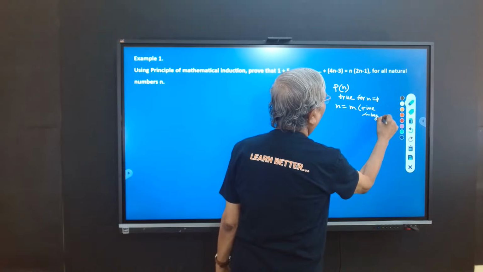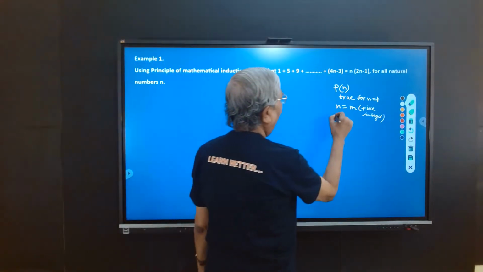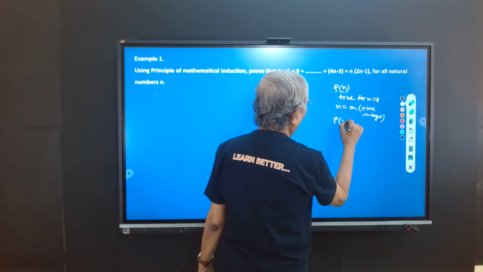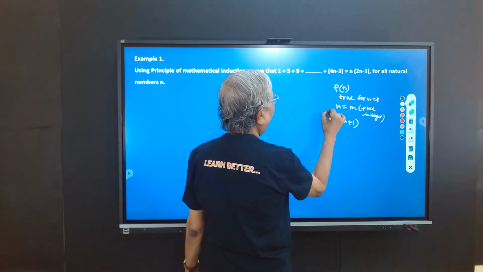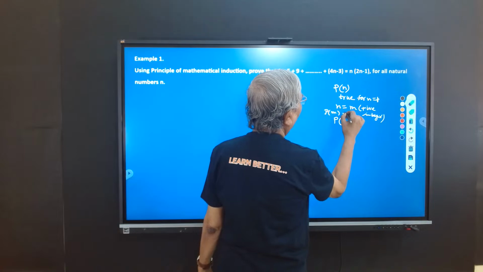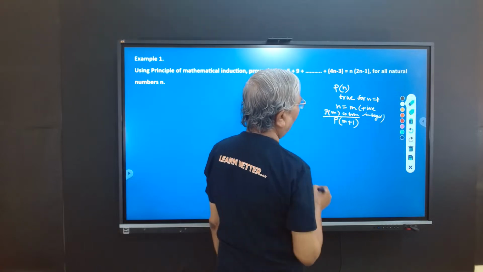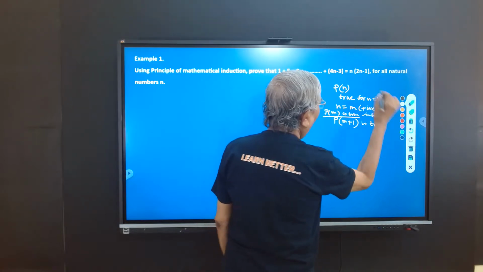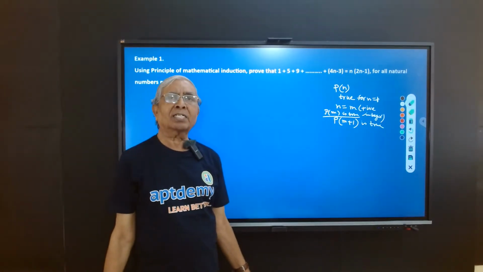From this, you will show that the statement is true for n equals m plus 1. Supposing that Pm is true, you have to show that this is true. So the statement is true for all natural numbers or positive integers n.